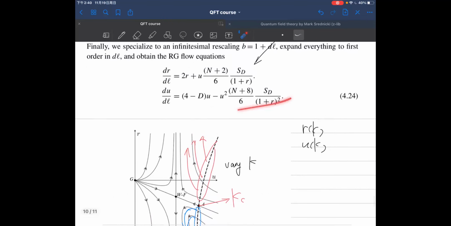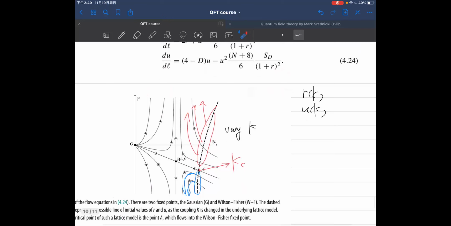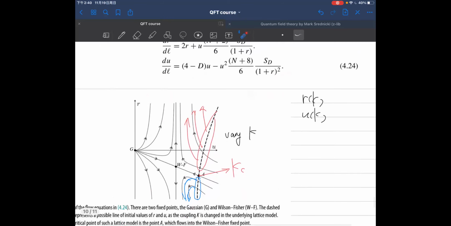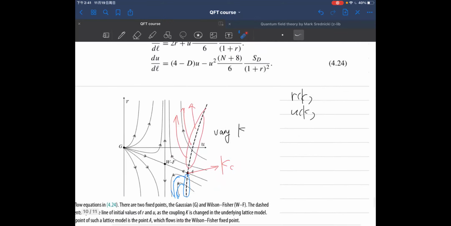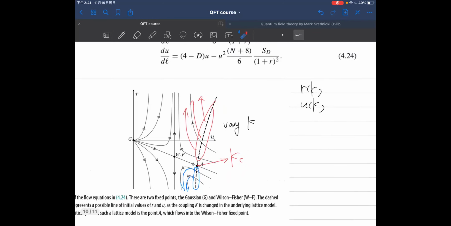Then you can try to solve for the fixed point of the equation by setting the left hand side to be 0. Then you can just draw the diagram, and you find there is another fixed point here. What can this tell us? We need to notice that in the original model we just have one parameter, that is k.